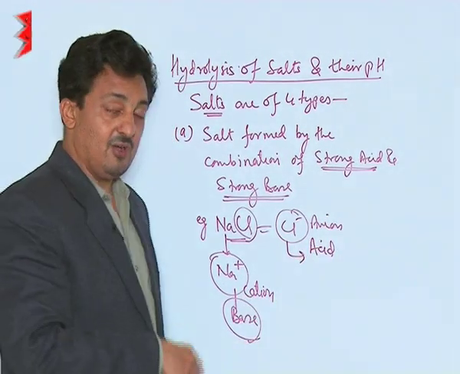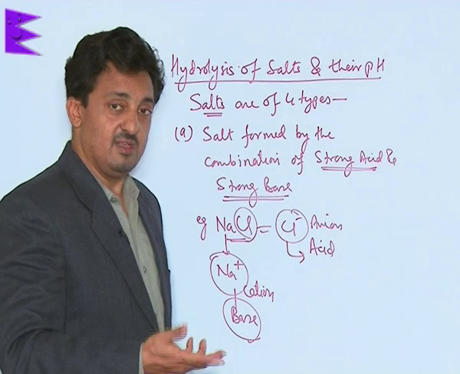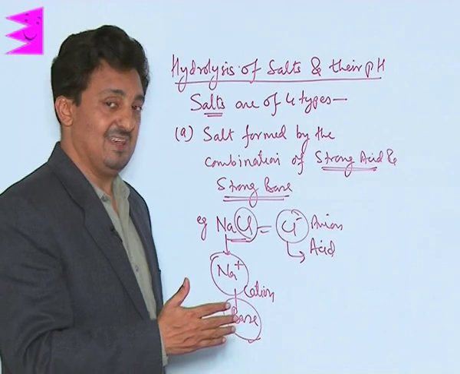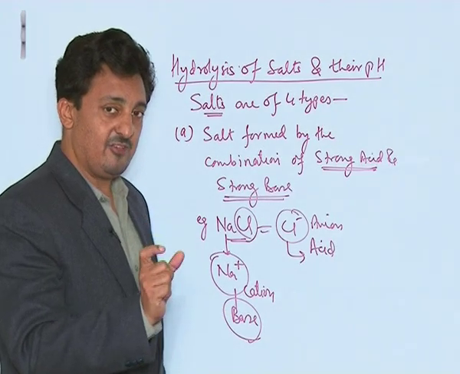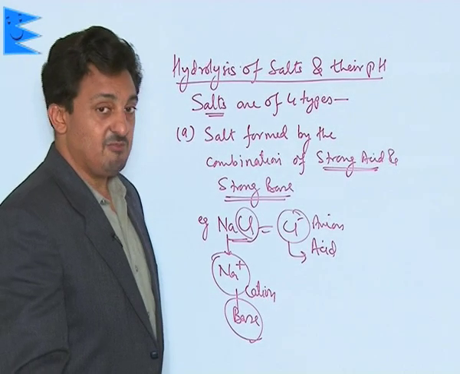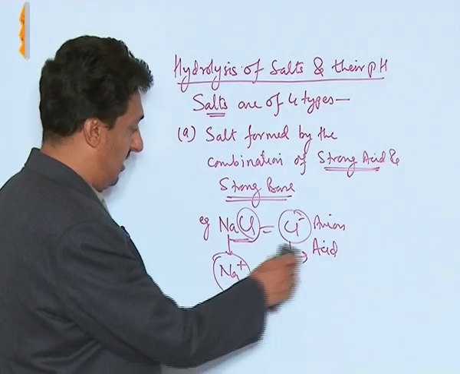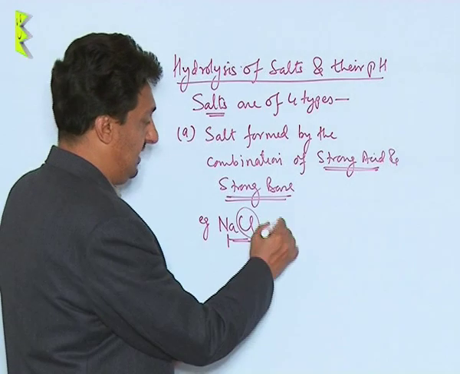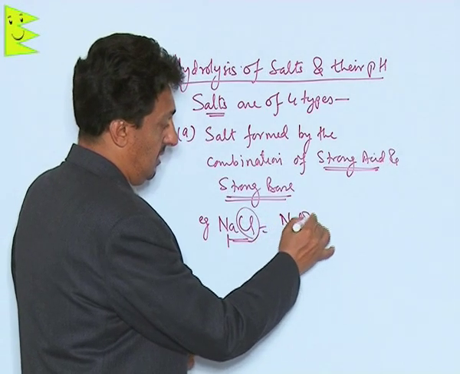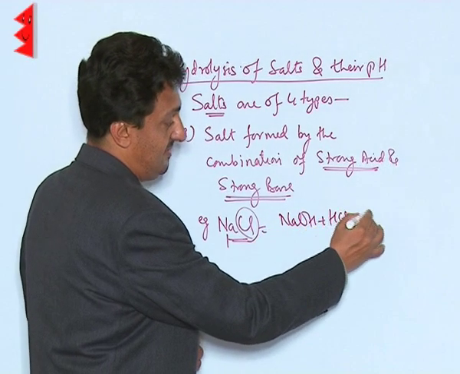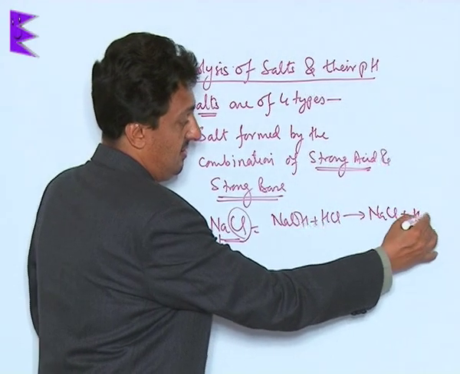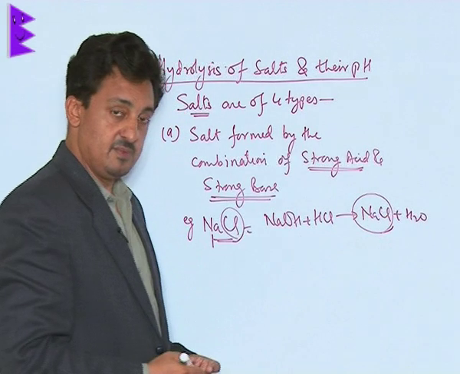So Na comes from NaOH, and Cl comes from HCl. It is the combination of NaOH and HCl which makes NaCl type salt. This is how we make out what type of salt it is. NaOH and HCl, when reacted or neutralized together, form NaCl.